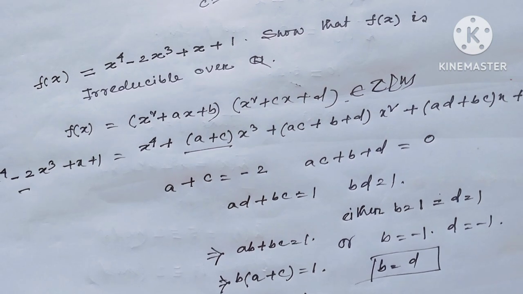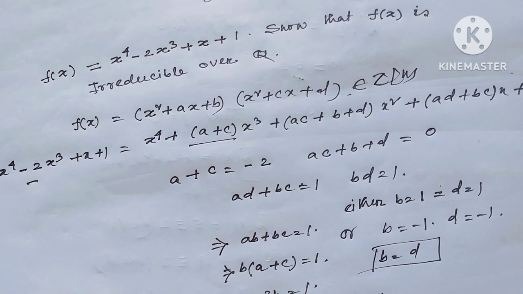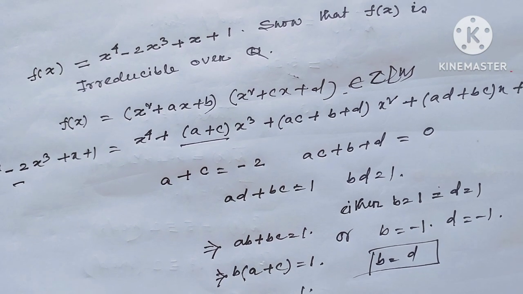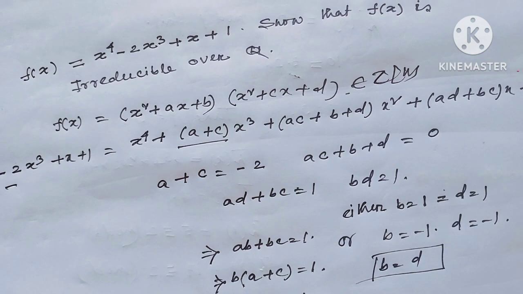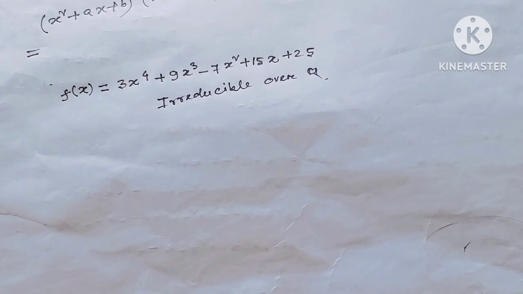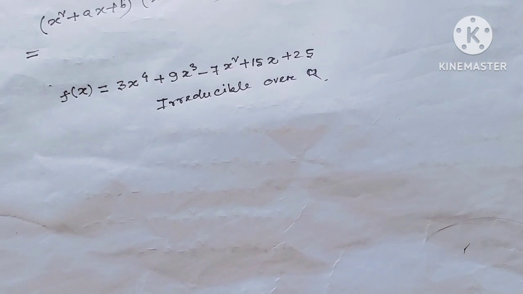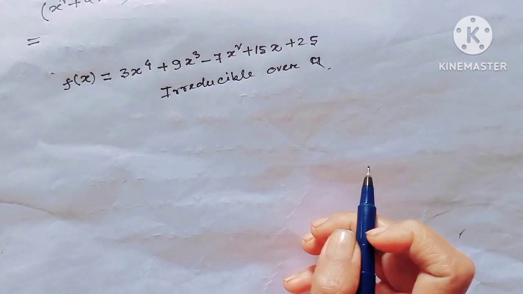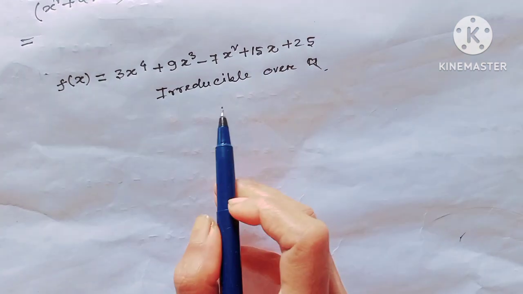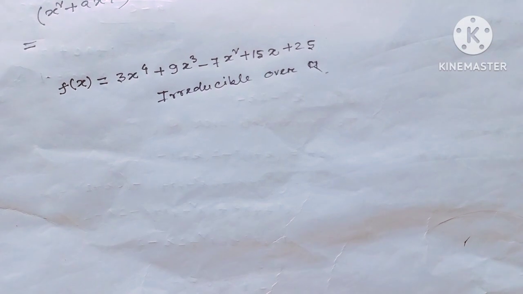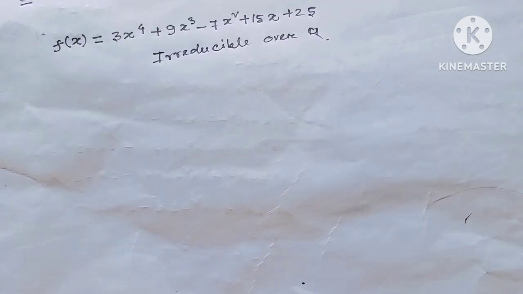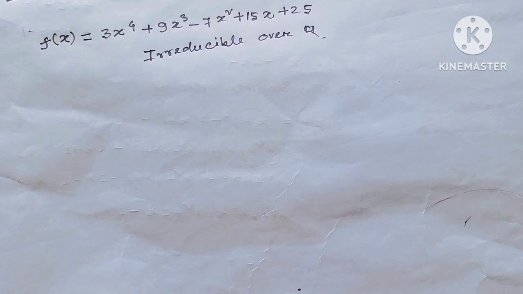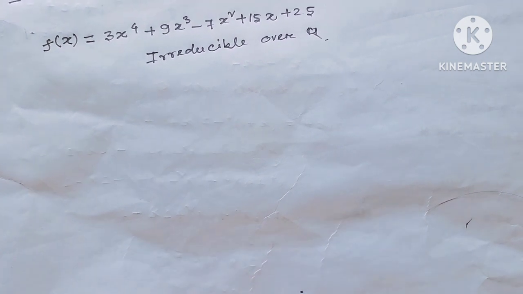Okay? Well, next example. Actually this type of concept is very important, so I will do one more example. f(x) equal to 3x to the power 4 plus 9x cube minus 7x square plus 15x plus 25. I will show f(x) is irreducible over Q. For this I will apply the mod p test.